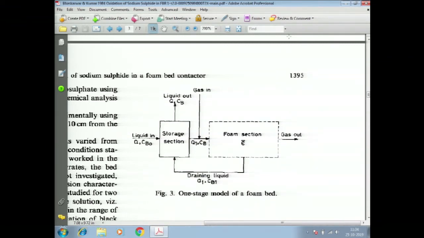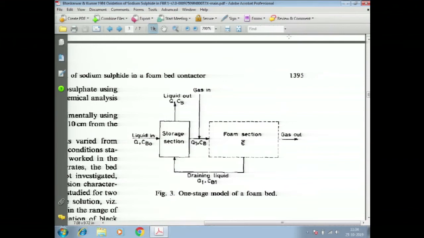And now from this interface of the storage section and the foam section, if you start measuring the height and liquid holdup, it turns out the liquid holdup sharply drops. Within a few centimeters, it drops to a nearly constant value. So, that would permit us to imagine that the entire foam section has a uniform liquid holdup at the average value.